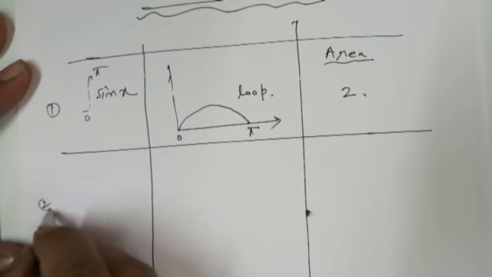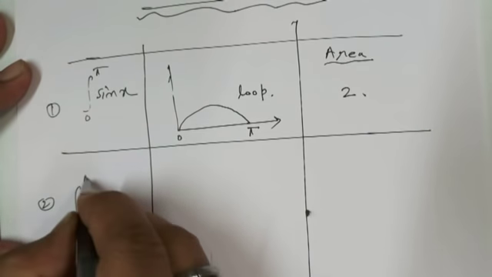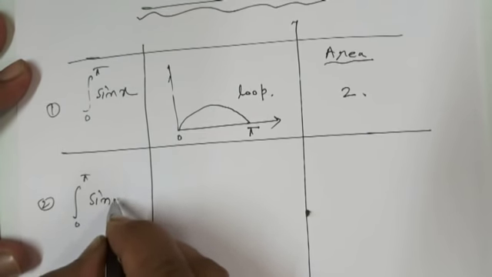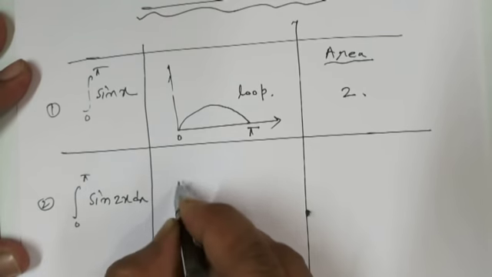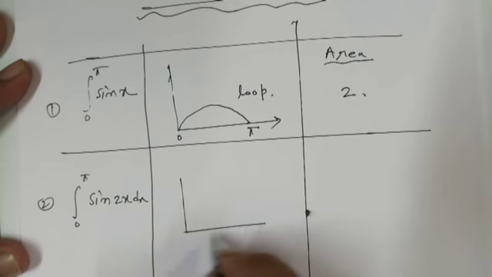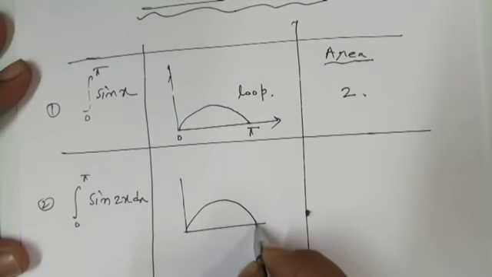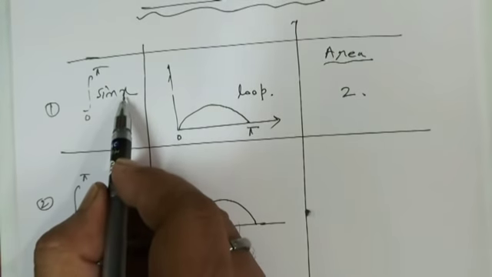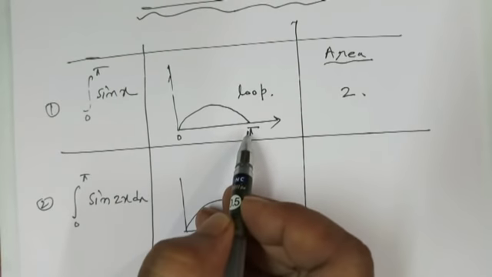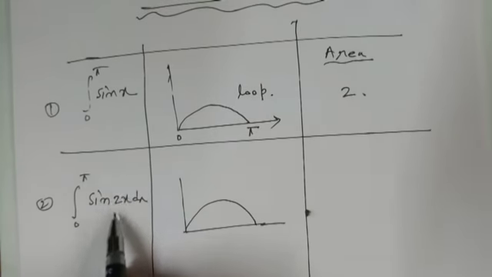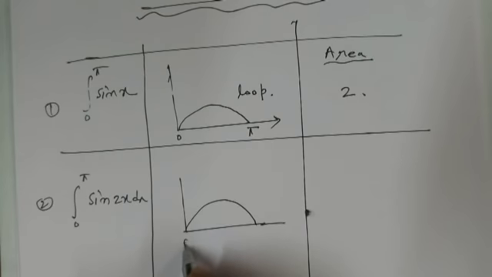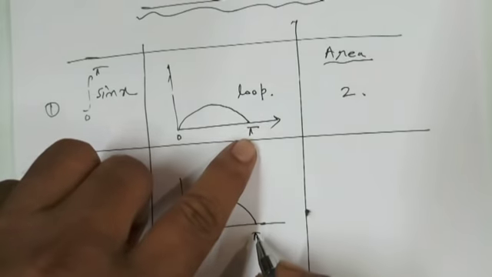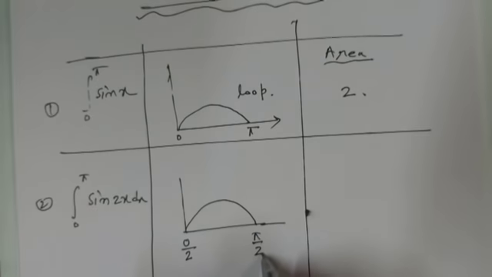Number 2, in 0 to pi sin 2x dx, when 2 is multiplied in the x, then this 0 is divided by 2 and this pi is divided by 2.